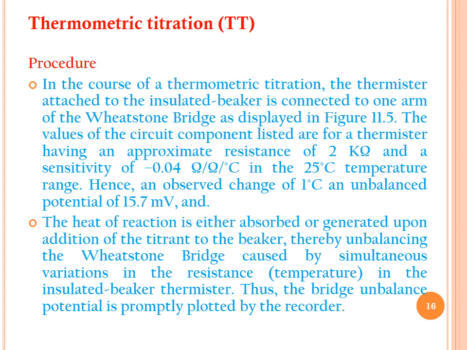So, this measures the temperature against the volume of the titrant in TT. There is a directly proportional relationship between the volume of the titrant and the change in the temperature. So the plot between these two parameters gives the sharp endpoint of any type of titration done by the TT technique.